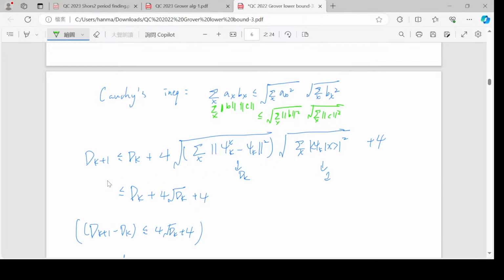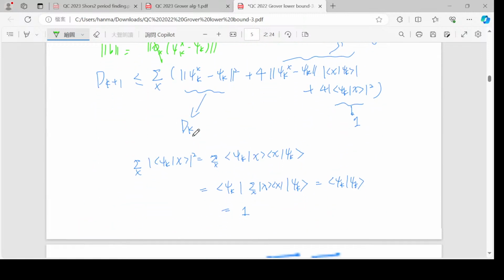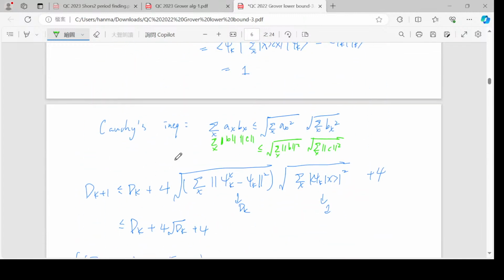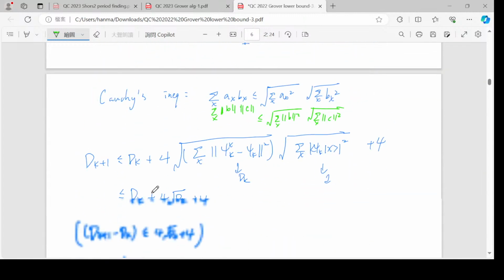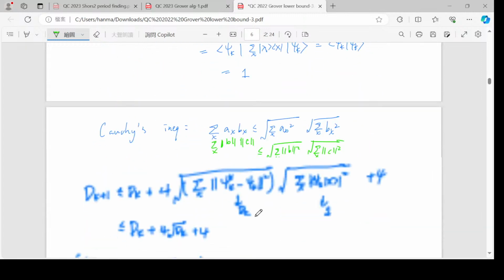Putting everything together, d_{k+1} is at most: the b squared term becomes dk, the cross term is 4 times square root of dk times square root of 1, which is 1, and the last term, the c squared term, is 4.